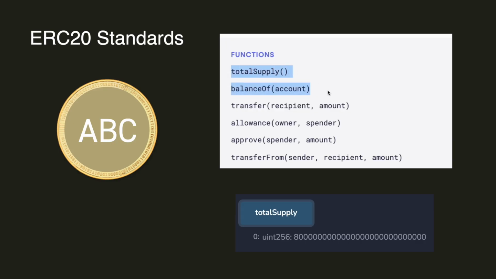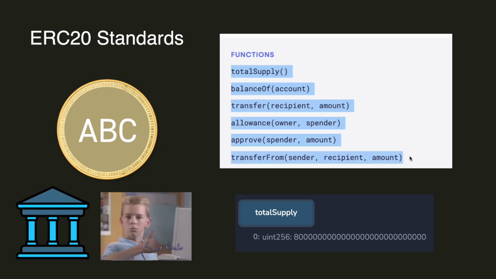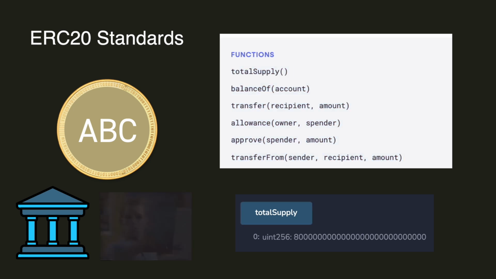These standardized functions finally make it easier for exchanges and users to easily transfer tokens, knowing that the tokens are standardized. And creating an ERC20 token can be done very easily, meaning technically anyone can create their own currency.